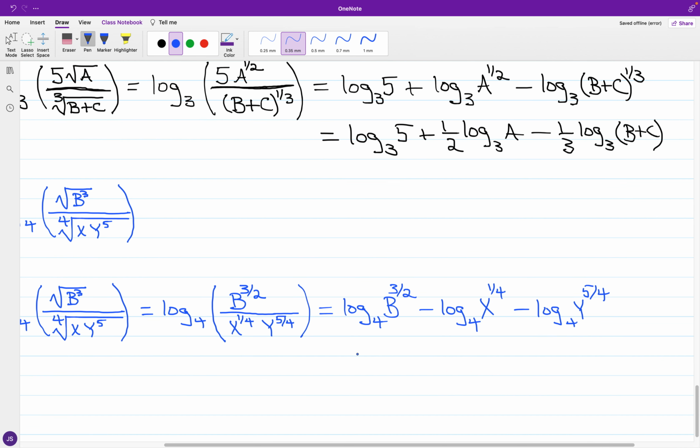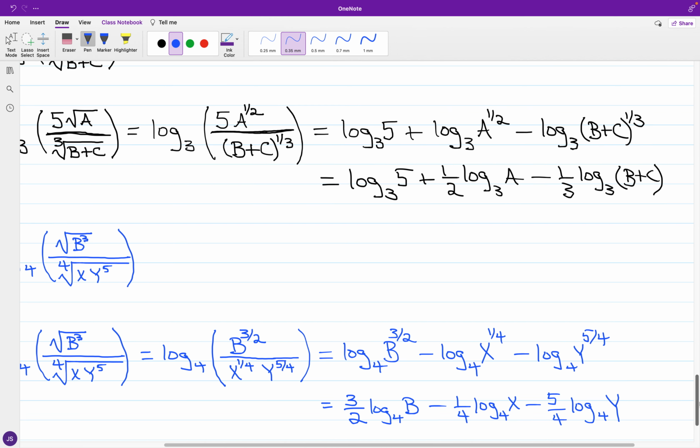Again, rewriting in terms of what we have for leading coefficients, we're going to have 3 halves of the base 4 logarithm of b, minus 1/4 of the base 4 logarithm of x, and minus 5/4 of the base 4 logarithm of y.